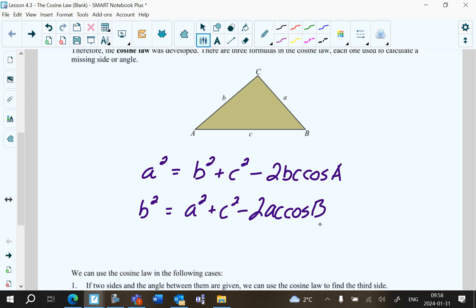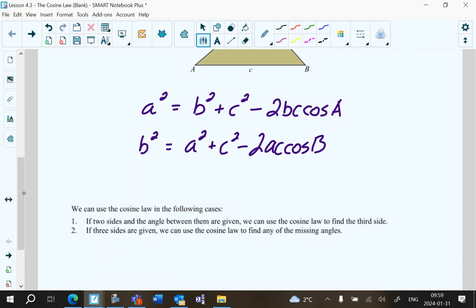If one of the sides is squared, then the other two sides are on the other side of the equation. We square them and add them, and then we multiply both of them by 2 times the cos of the angle opposite the side we're trying to find. So if I wanted to try and find c, well, c squared is equal to what? b squared plus a squared.